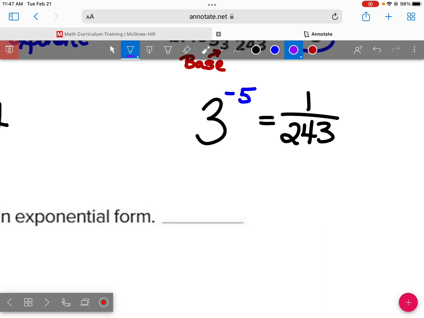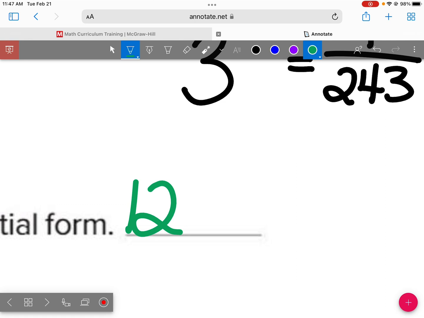As soon as Jayla gets back. What does this look like in exponential form? 125 to the power of what? 1/3 equals 5.